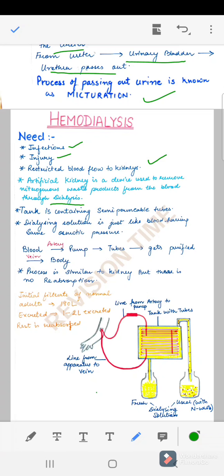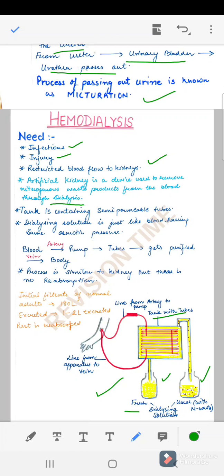So here we can see in the diagram, we have a tank filled with the tubes. These tubes in the red color, these are the semi-permeable tubes, and we have a dialysis solution here, which is this is the fresh dialysis solution and this is the used one. This dialysis solution is just like blood, having the same osmotic pressure.